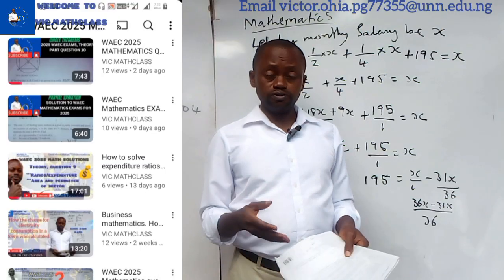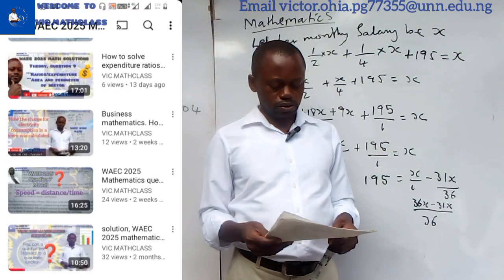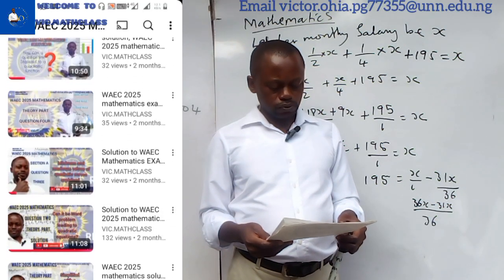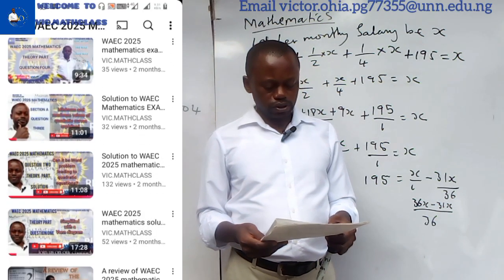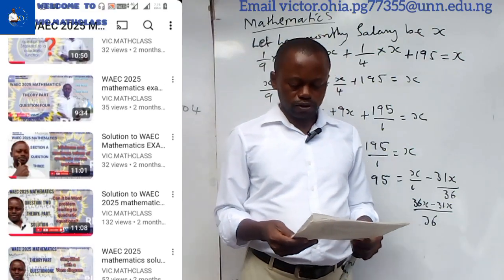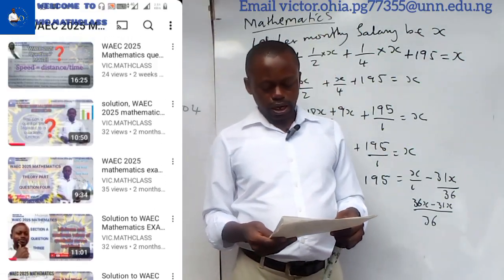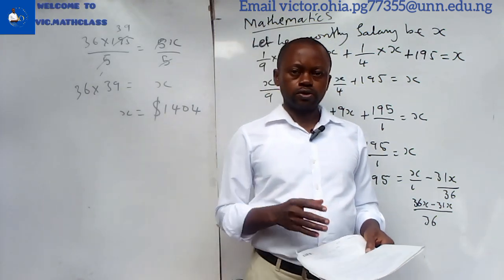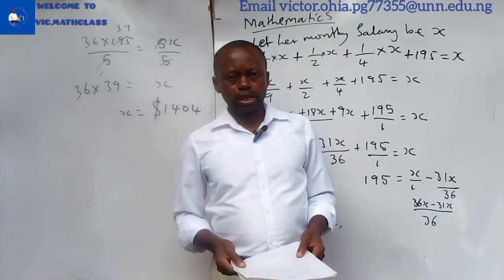We are looking at the next question, 9b, which has to do with a sector of a circle of radius 60 cm subtending an angle of 105 degrees at the center. Calculate the perimeter and the area of the sector. We are going to look at that in the next class.